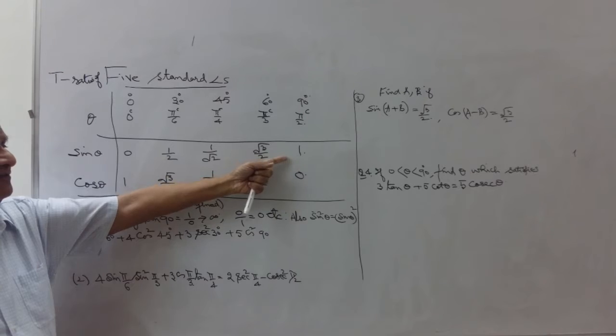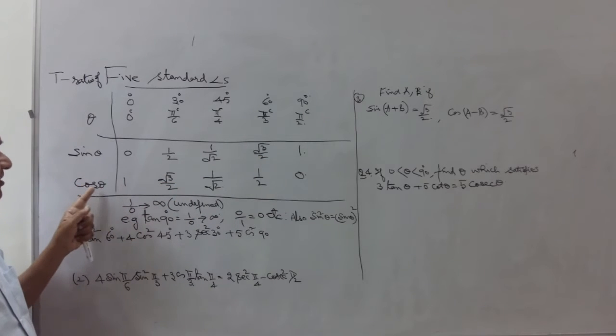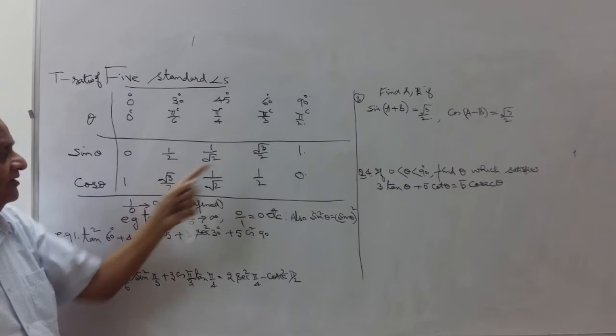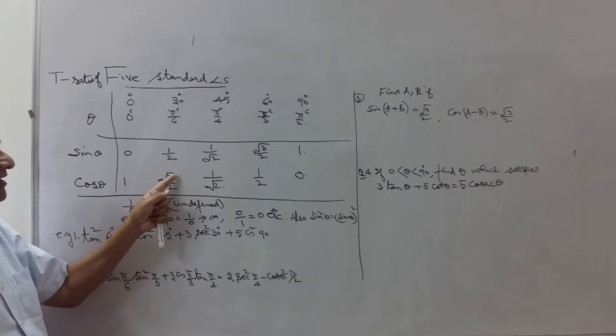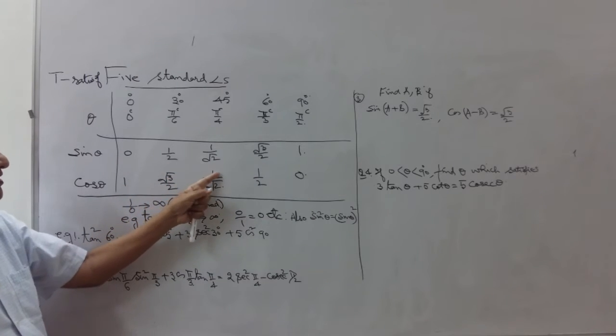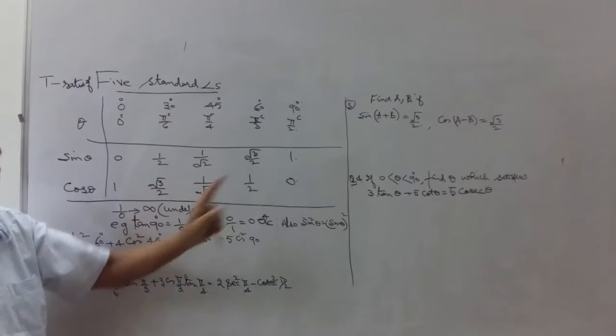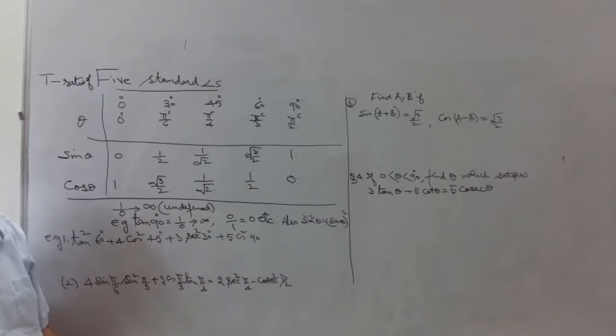And when you just reverse the table, we get cos theta. That is cos 0 is 1, then under root 3 by 2, 1 upon under root of 2, half, 0. You just reverse the table.